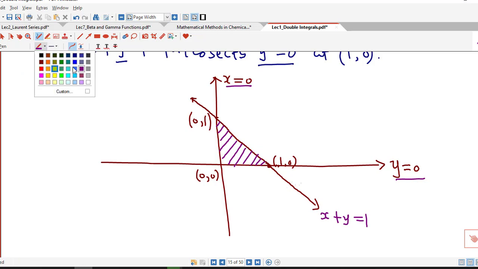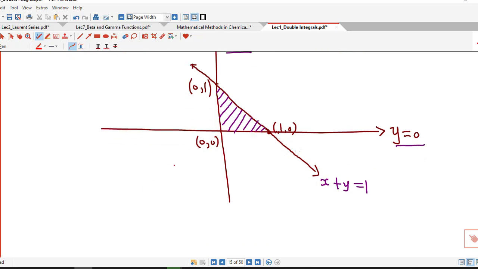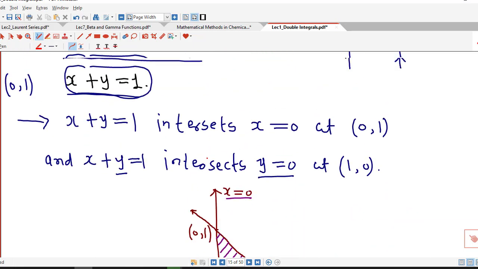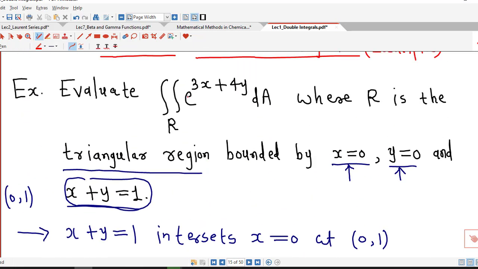Now as we have discussed in previous lecture, to find out the limits of integration, either we can use vertical line passing through the region or horizontal line passing through the region of integration. And for that we have to think about given function also.